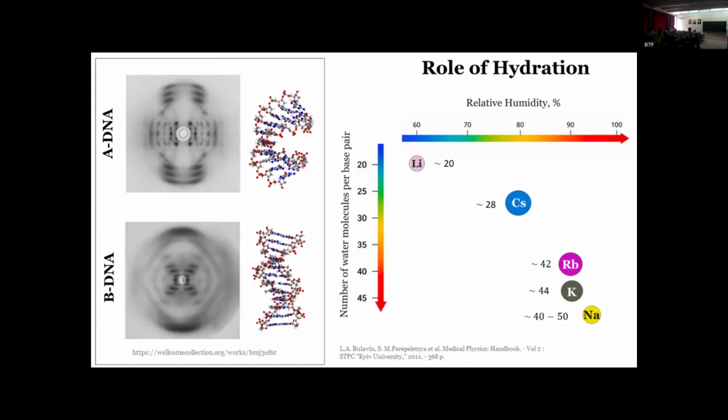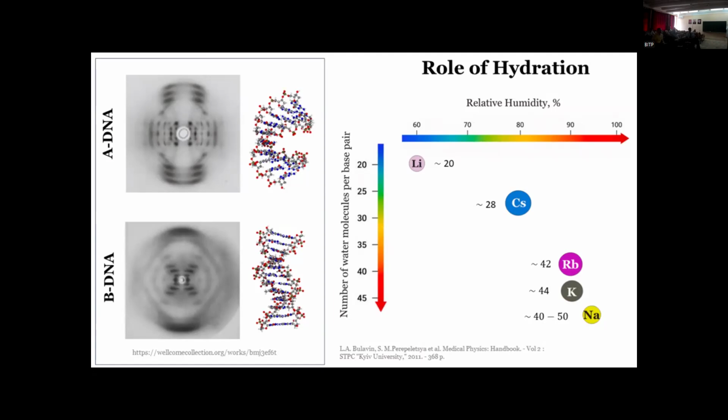In their experiments, they exposed DNA to two different levels of humidity. At a lower humidity, DNA took a more compact conformation, producing one diffraction pattern shown here. And when the humidity increased, DNA became more extended and produced the famous X-shaped diffraction pattern.